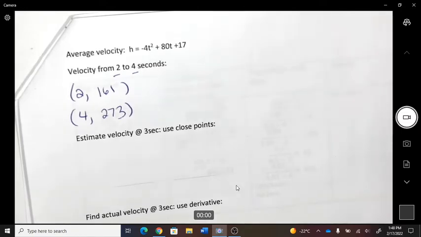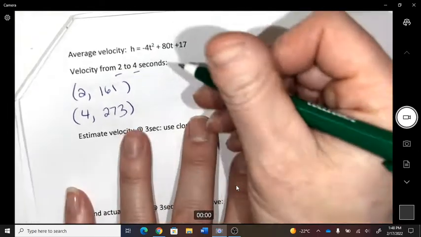Okay, yes, agree. Anybody like those numbers? Not? Okay, so the velocity is the slope.